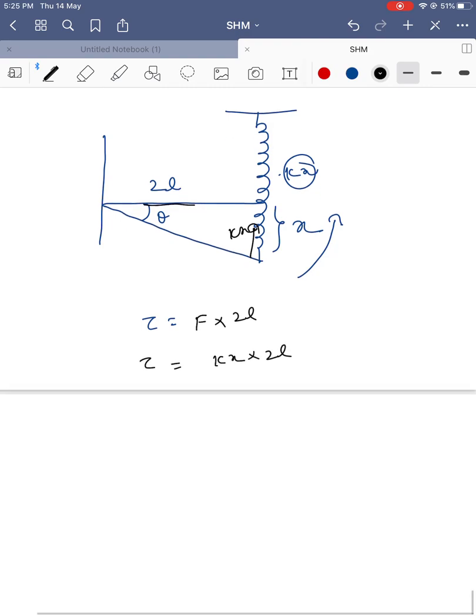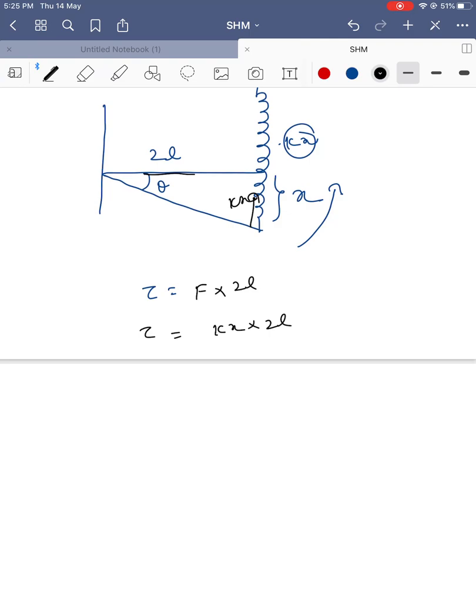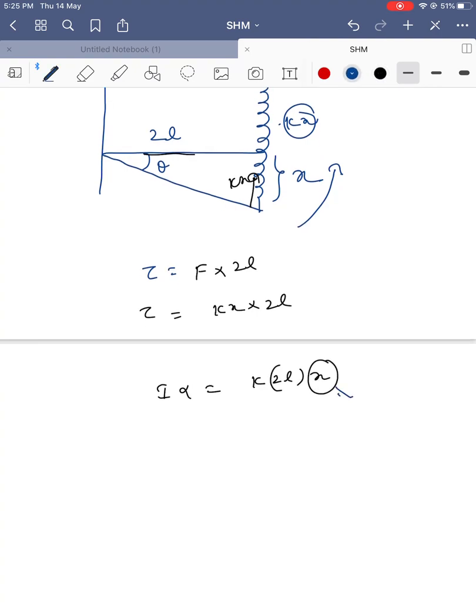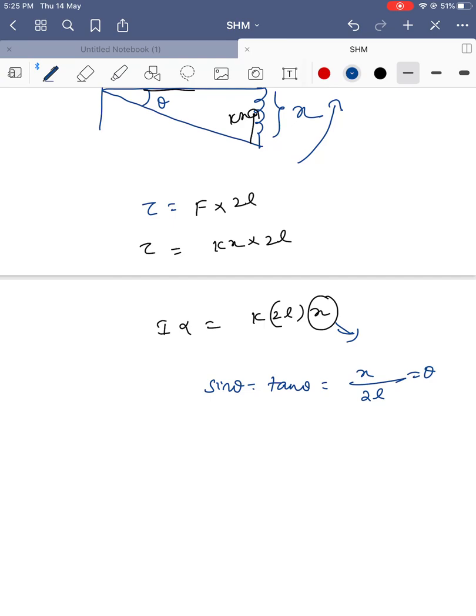And tau is equal to I into alpha, K into 2L into X. X I should convert in terms of theta. How to convert into theta? For small values of theta, sin theta is equal to tan theta is equal to x by 2L, so it is equal to theta. So x is equal to 2L into theta.